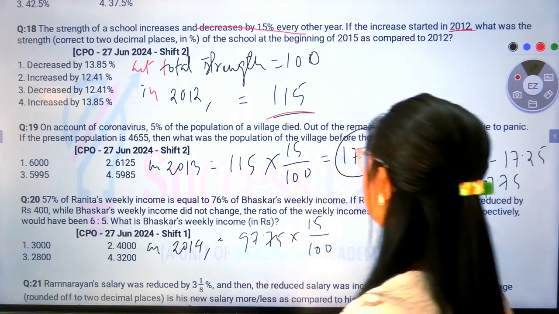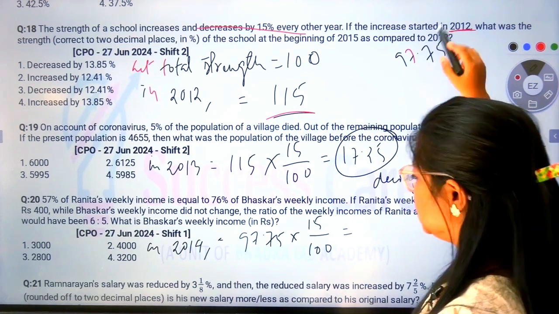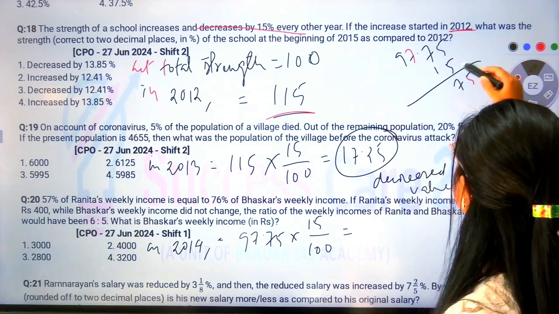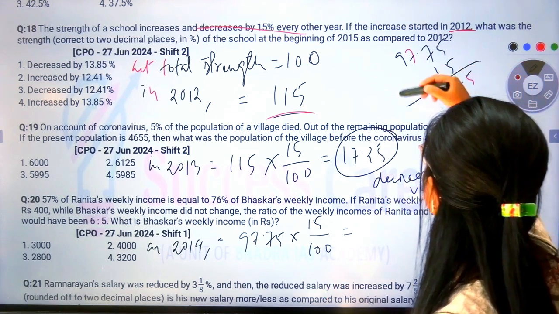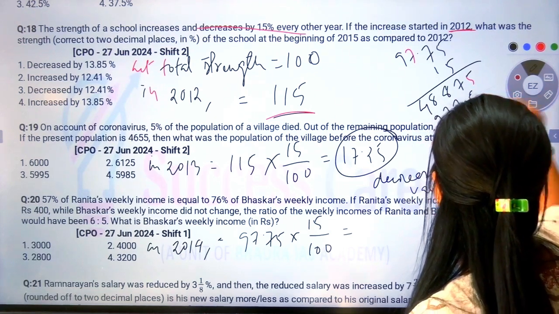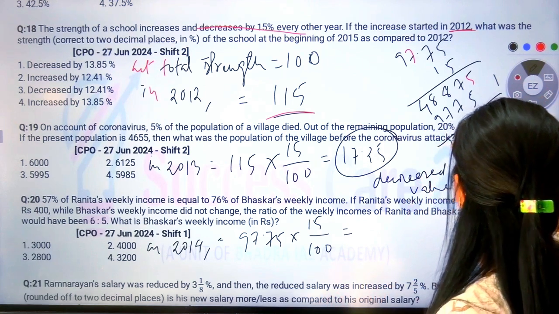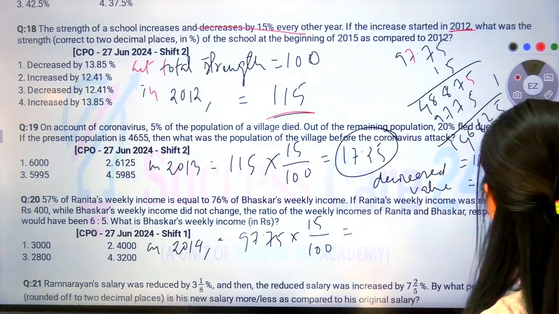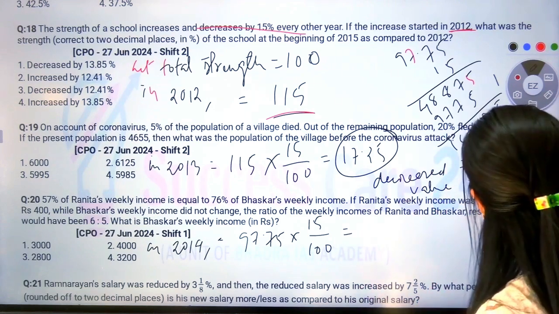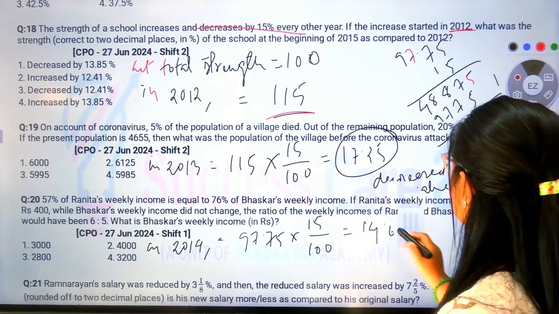If you do the required calculation, multiplying 97.75 by 15, I think you would get 14.66 if I take up to 2 decimal places.